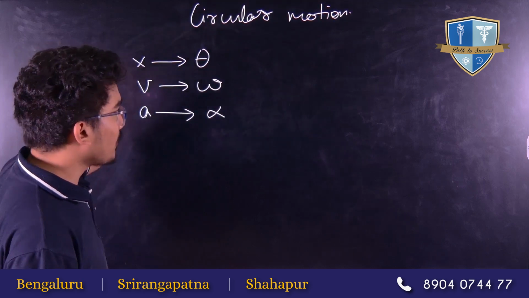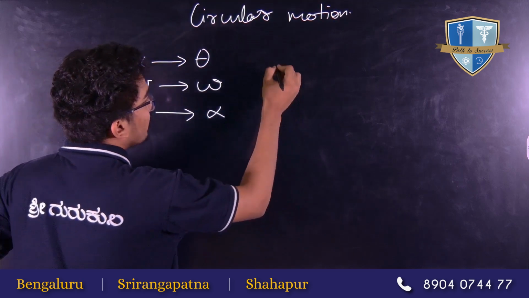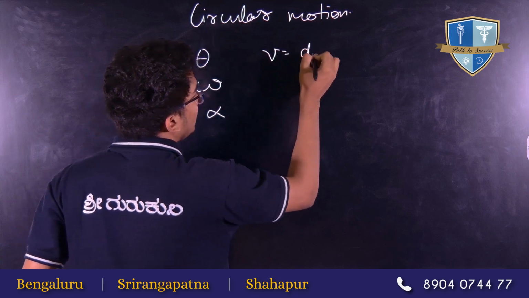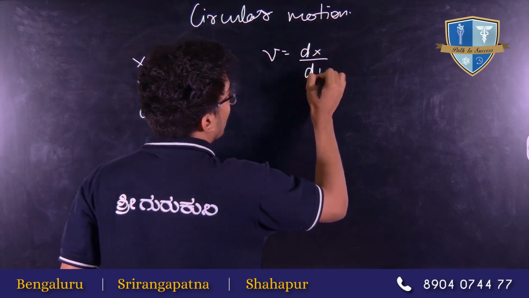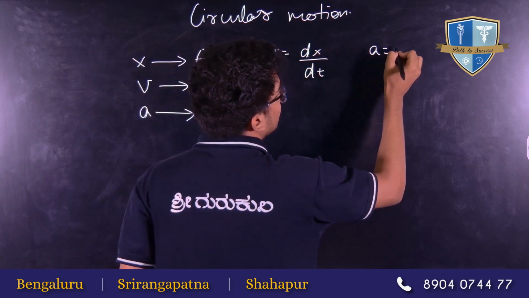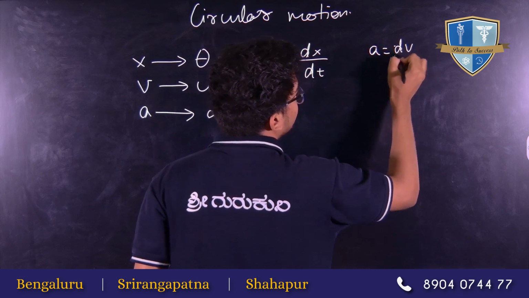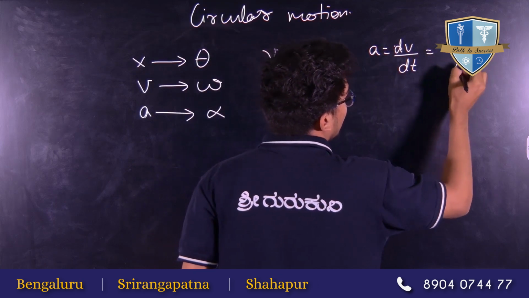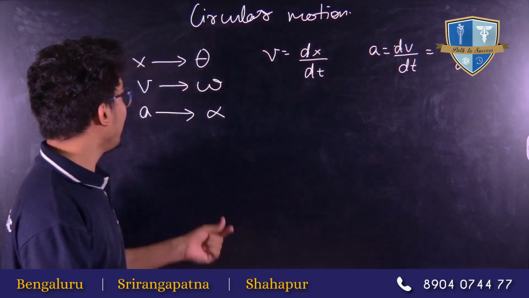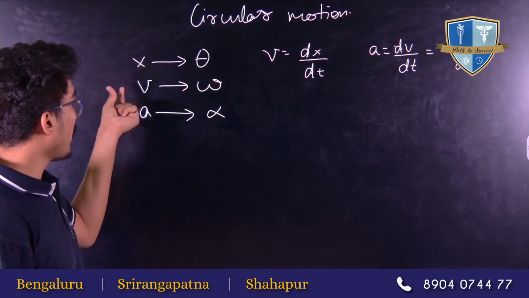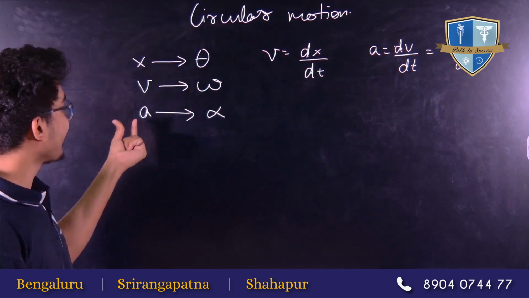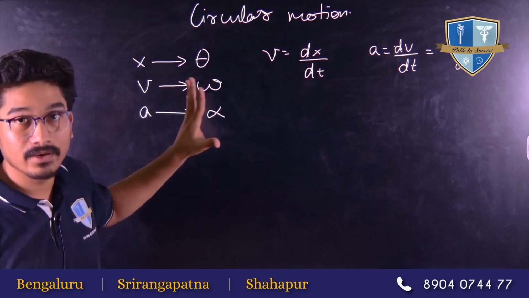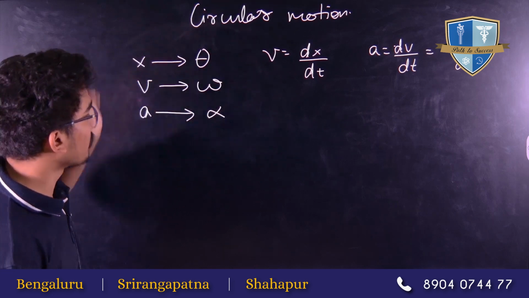So whatever formulas we studied in kinematics, that is velocity is equal to dx by dt, or acceleration is equal to dv by dt, or another formula is v dv by dx. Similarly, we will replace x with theta, velocity with angular velocity, and acceleration with angular acceleration, and we will get our basic formulas for circular motion.